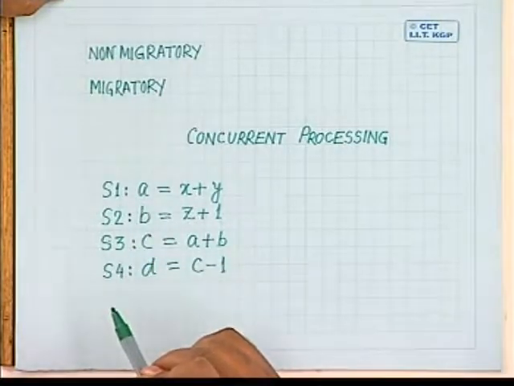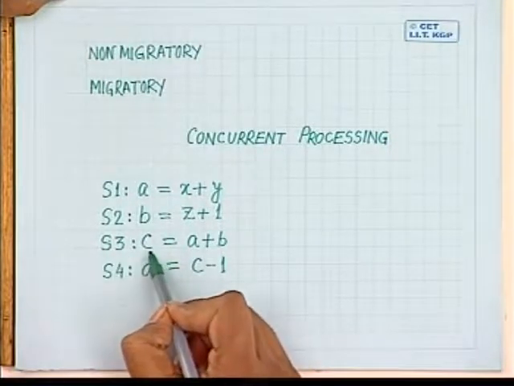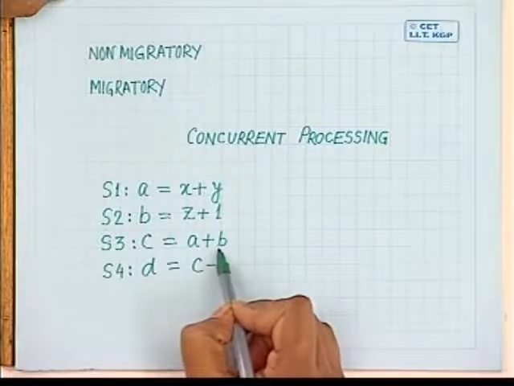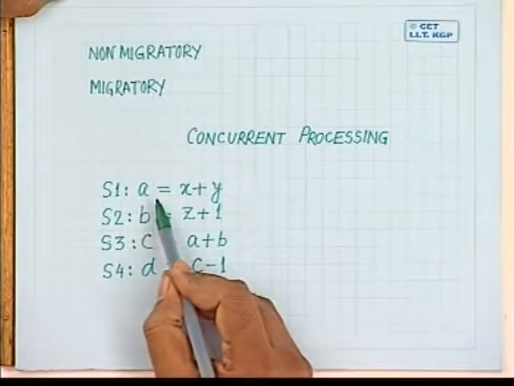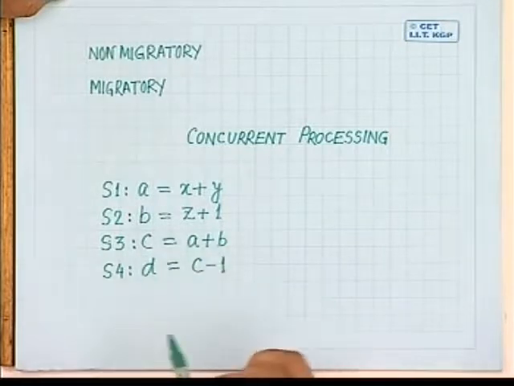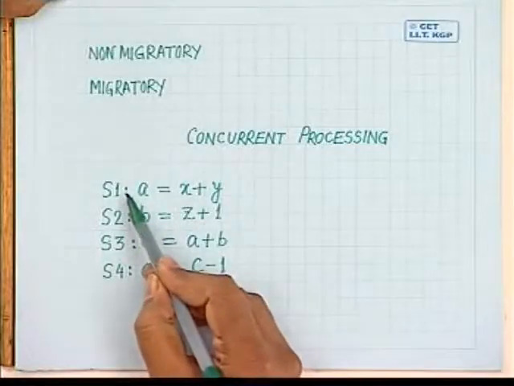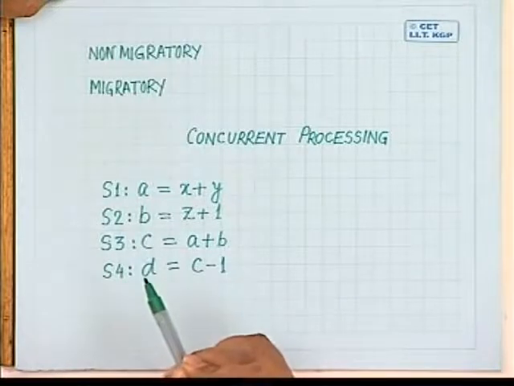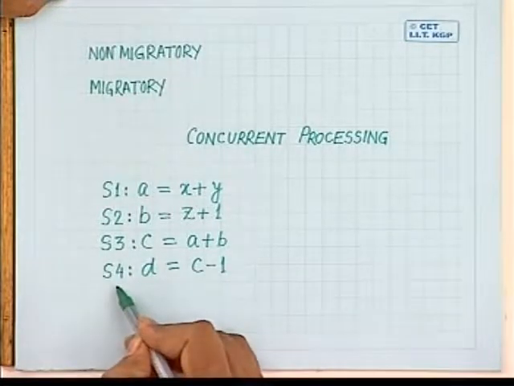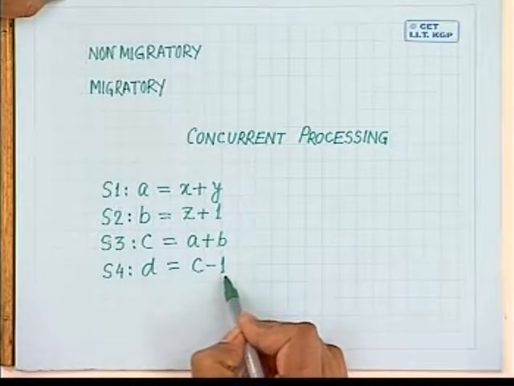That means for computation of S2, we don't have to wait for the completion of S1. Come to statement S3, which says C equal to A plus B. But A is computed in S1 and B is computed in S2. So naturally, S3 cannot be computed until statements 1 and 2 are complete. Come to S4, which says D equal to C minus 1.